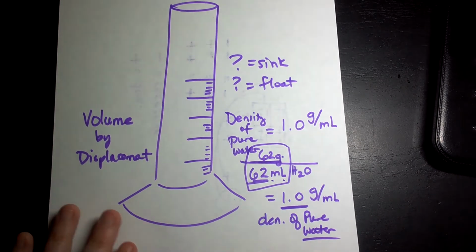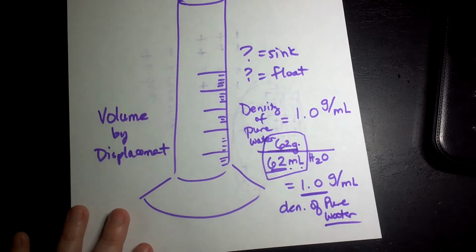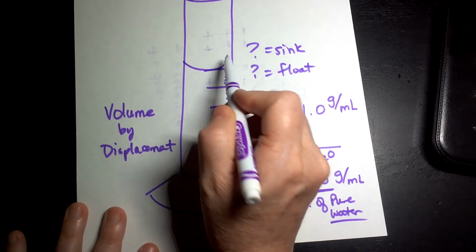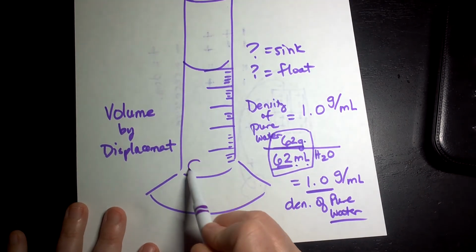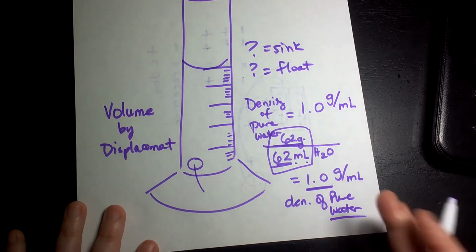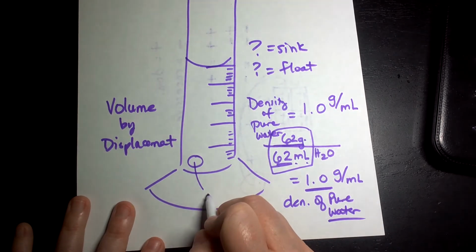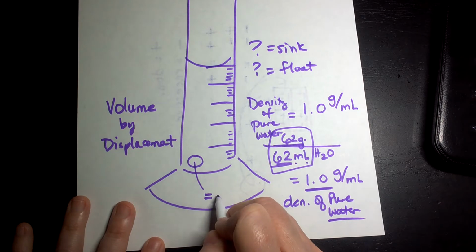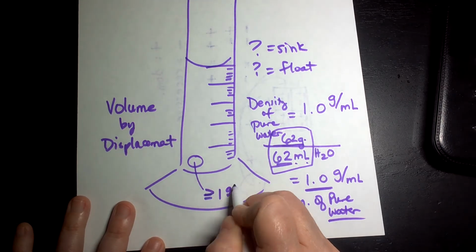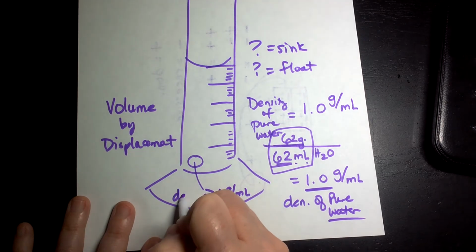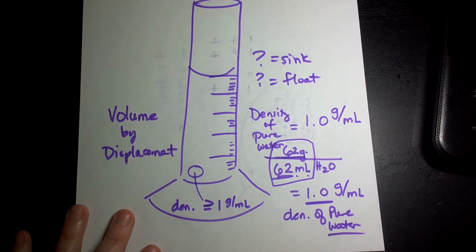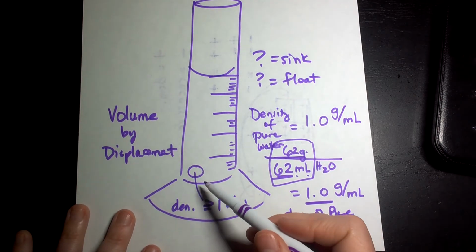Now, that's how we determine if things will sink or float. If I put my water in my graduated cylinder, and I have an item that goes down to the bottom, then I don't know its density right off the top of my head, but I know that it is greater than 1 gram per milliliter. Why do I know that? Because if it's bigger than 1, it sinks in water.